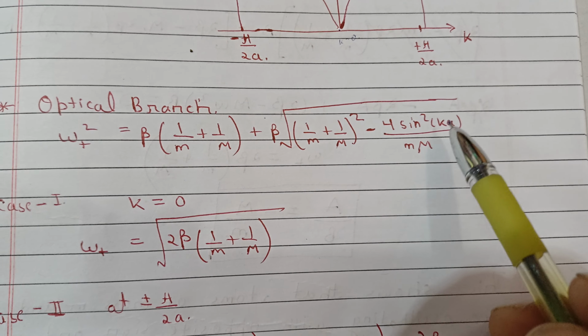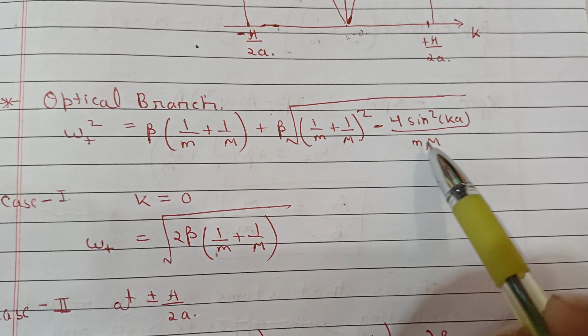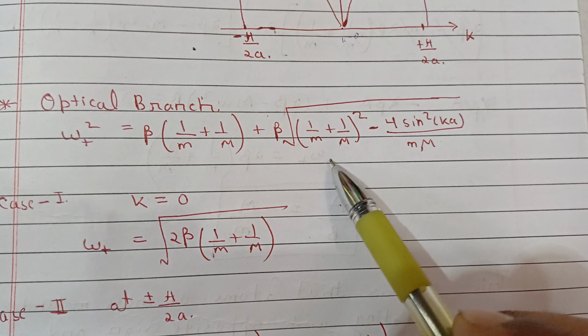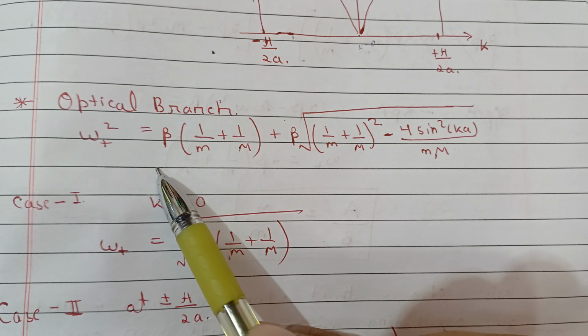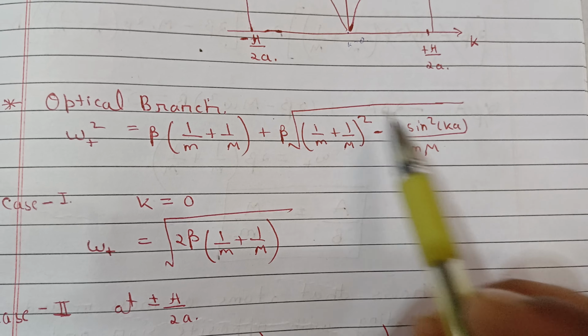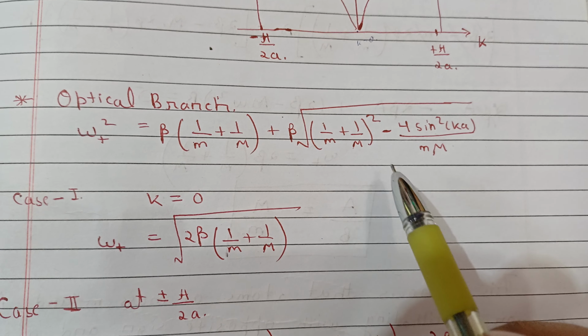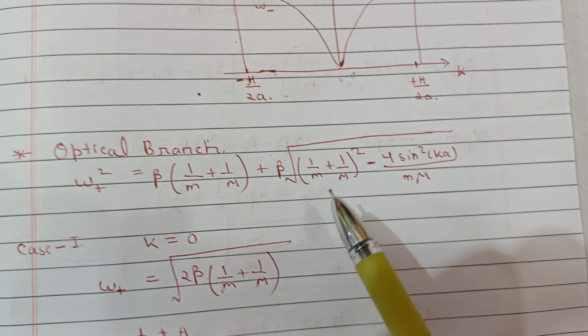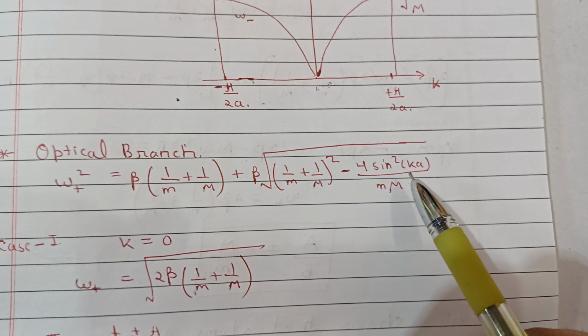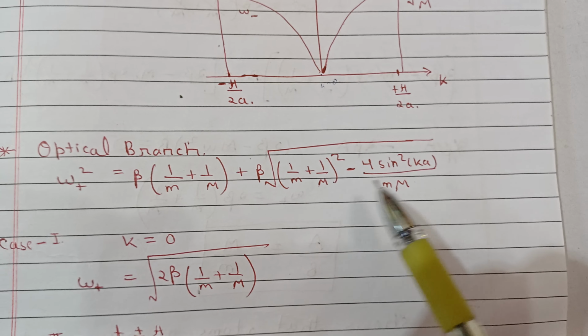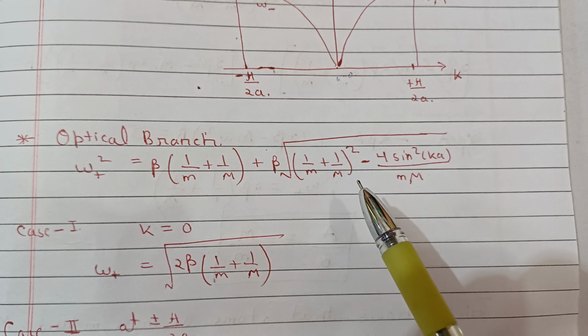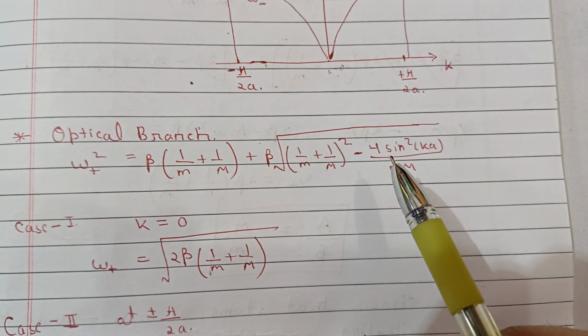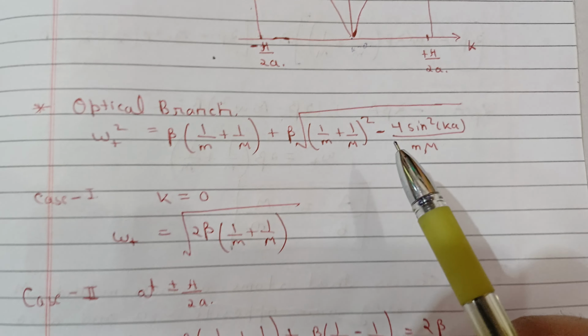So you can see that if this term is now maximized, then this will be minimum and the sum will be minimum. If this is minimum, then the whole term will be minimized, meaning we will get the minimum frequency. So see, in the acoustical branch we get the maximum frequency at k equal to pi by 2a, but in the optical branch we are getting the minimum value of frequency.